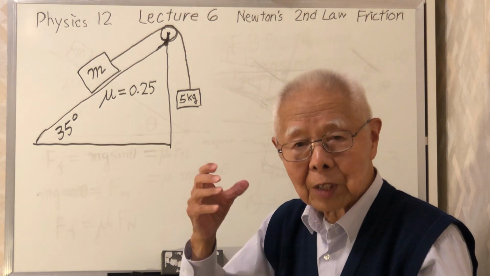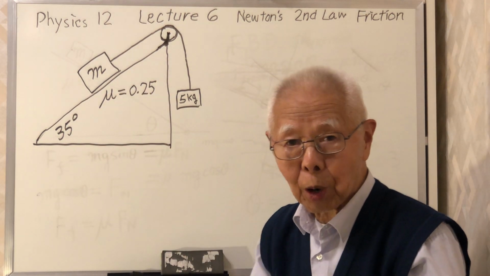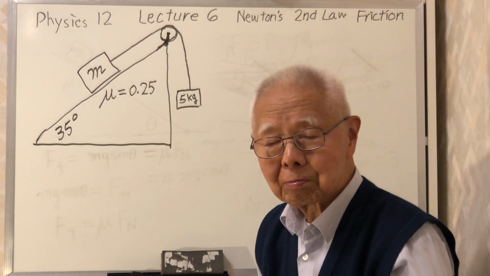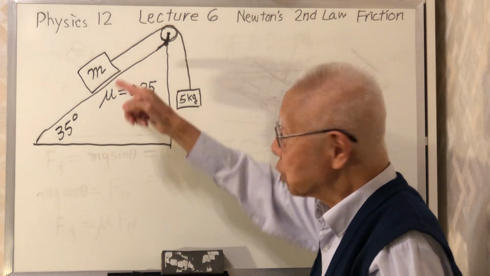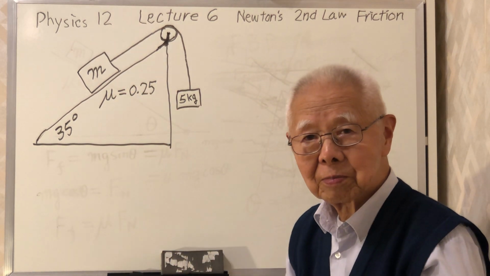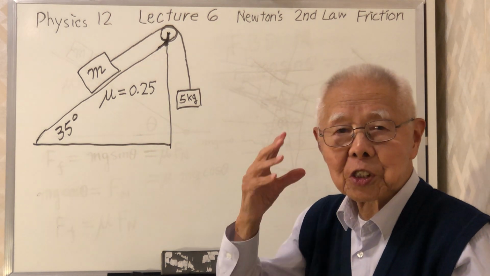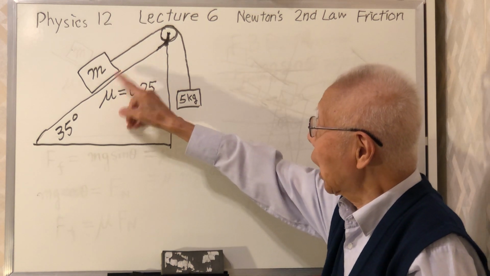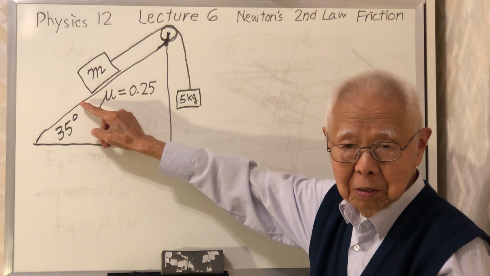So now you increase the m. Probably it will still go up because it's not heavy enough. Increase the m continuously, you will imagine that if it's so large, then instead of going up, this will go down because this is so heavy, right?